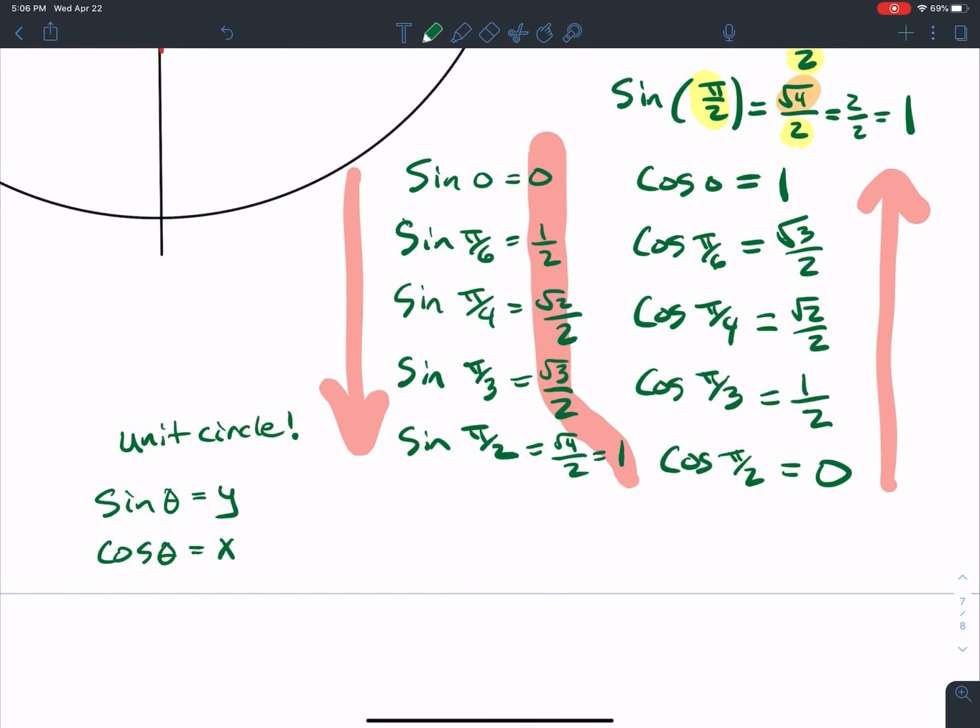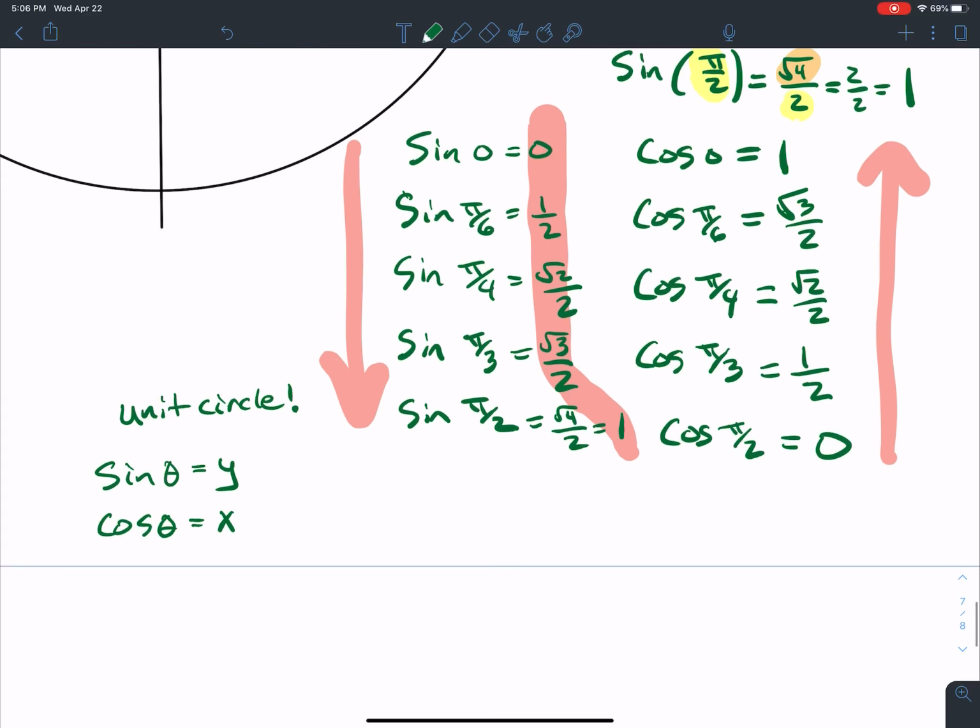And so that tells me tangent theta is just y over x, so you take sine over cosine. Cotangent theta, that's x over y. Secant theta, that's a reciprocal of cosine, 1 over x. And then cosecant theta is a reciprocal of sine.